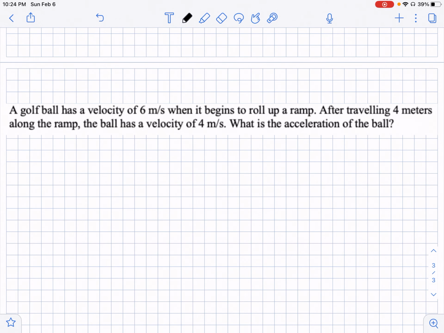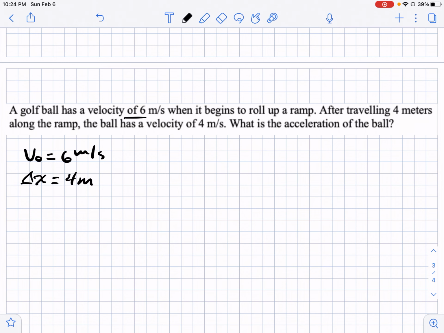So this one says a golf ball has a velocity of 6 meters per second when it begins to roll up a ramp. That's going to be my initial velocity. And it rolls up a ramp after traveling 4 meters, so we have that delta x.